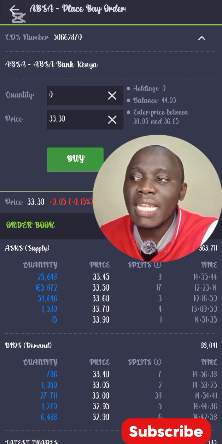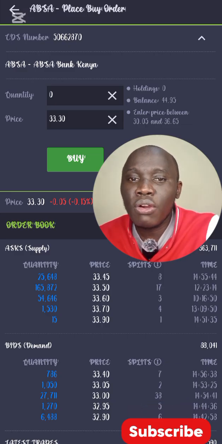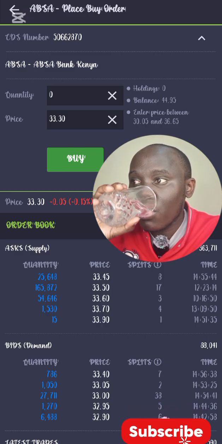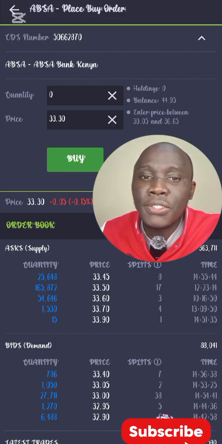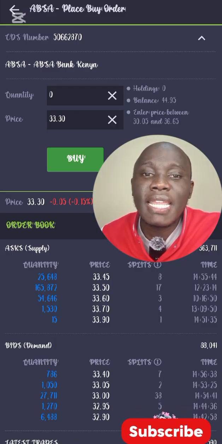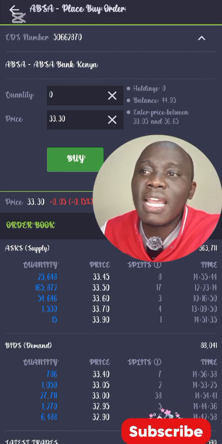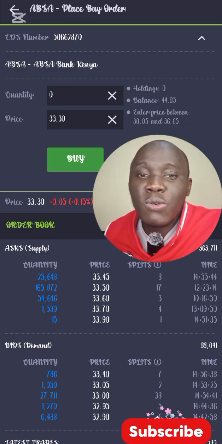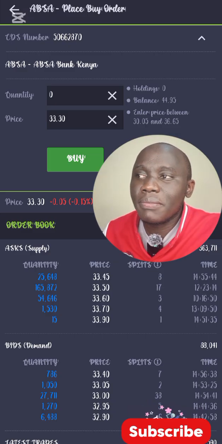But what can guide you on the price that you'll quote when buying your shares? Down there is an order book, and what this order book does is show you what the other investors in the Nairobi Securities Exchange are willing to sell, and what the others are willing to buy.